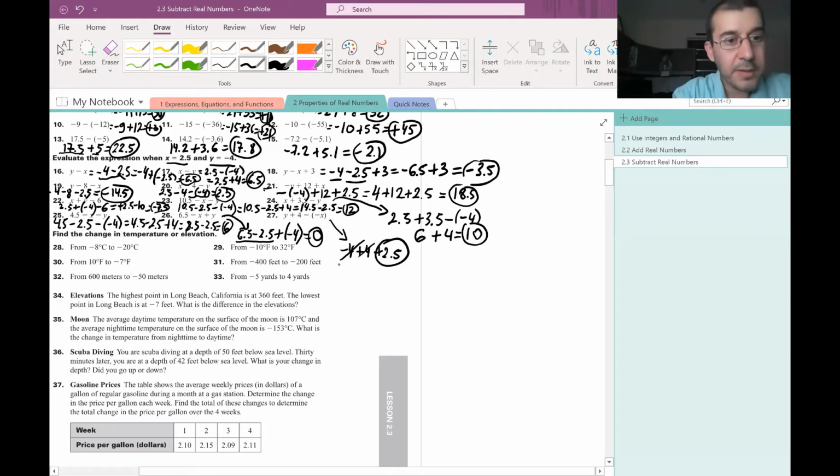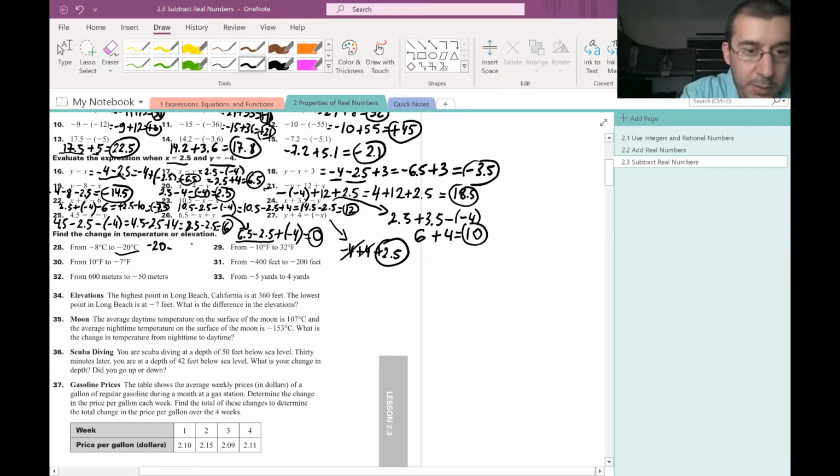Okay. Find the change in temperature or elevation. This is 28 through 33, 6 problems. So from minus 8 Celsius, you go to minus 20 Celsius. So the change would be the one you go to, minus 20, and then minus the one you come from, which is minus 8.